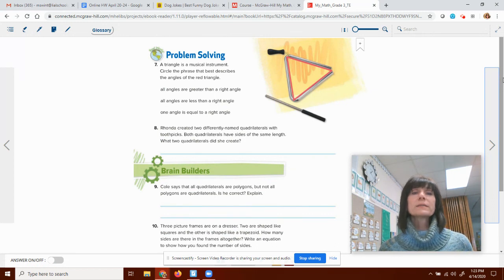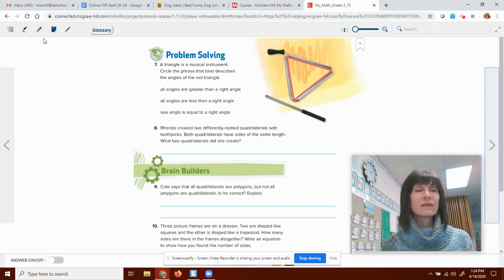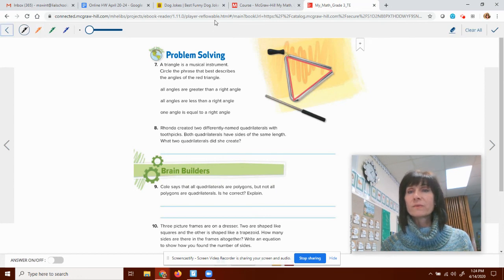A triangle is a musical instrument. Circle the phrase that best describes the angles of the red triangle. If I take a look at my angles here, I have three angles because I have three sides. I've got an angle here, here, and here.